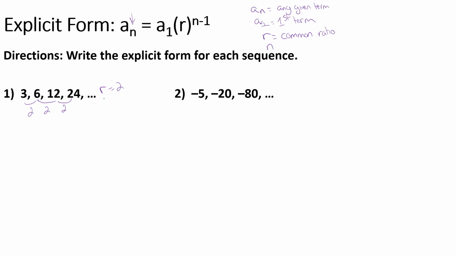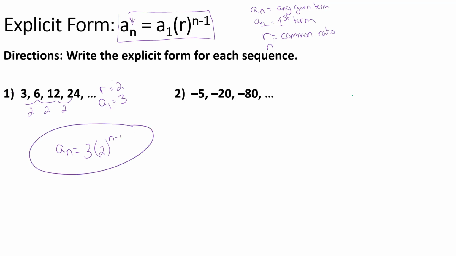We also have a first term, that's easy to see, is 3. So using our notation from explicit form, we want to say that A sub n is equal to our value of A sub 1, 3, times our rate, 2, raised to the n minus 1. And that's our explicit form of the sequence.